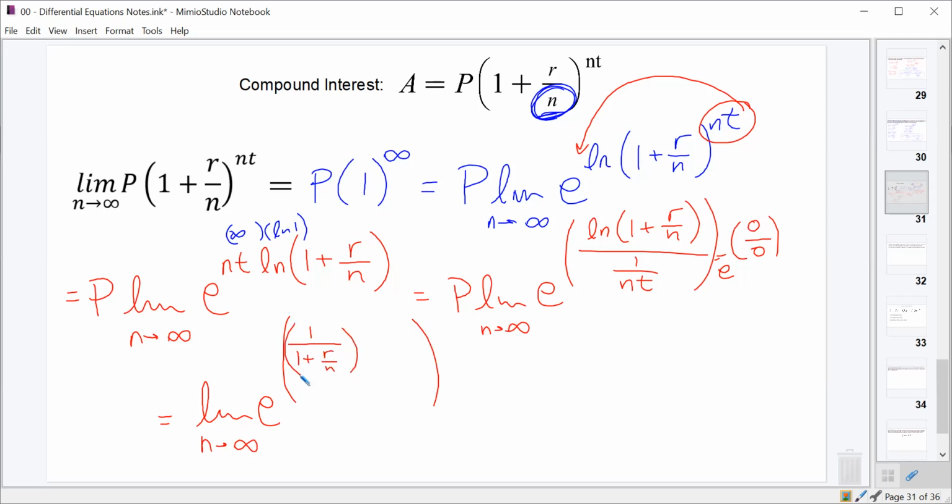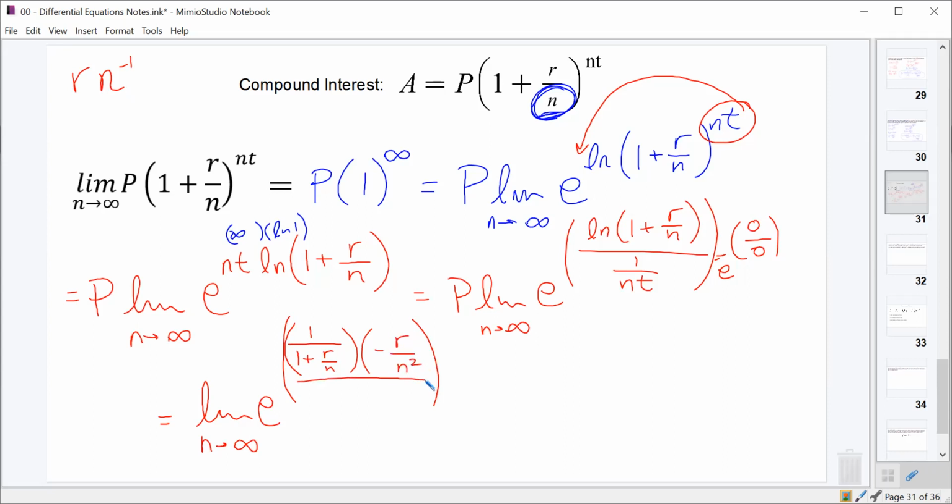And then the derivative of 1 is 0, and the derivative of r over n, well, if r is a constant, that looks like r times n to the negative 1, which would be negative r times n to the negative 2, or negative r over n squared.